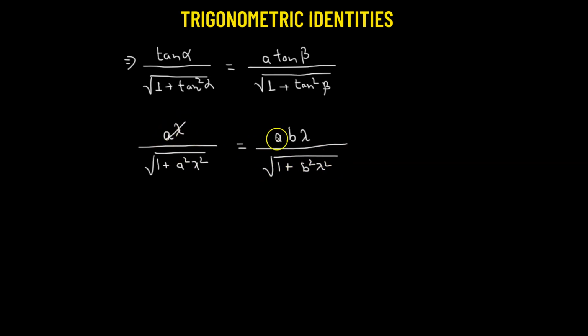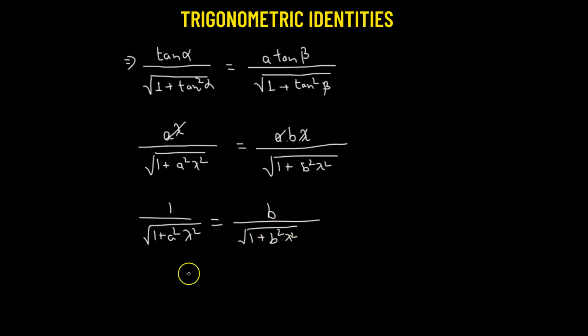We can cancel a lambda from both sides, and we have 1 over the square root of 1 plus a squared lambda squared, which will be equal to b divided by the square root of 1 plus b squared lambda squared.